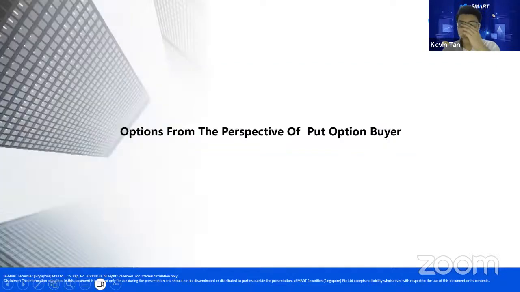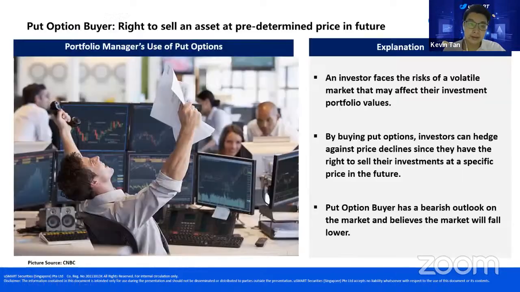So how does an option work from the perspective of a put option buyer? Imagine that you are a portfolio manager managing a portfolio of equities, and the equity value varies according to market conditions. As an investor, you face the risk of a volatile market, which may affect your portfolio value, and you are fearful that the market may decline in the near term.